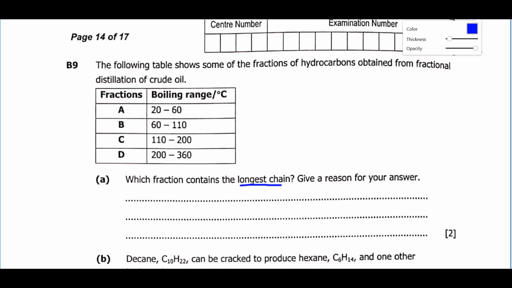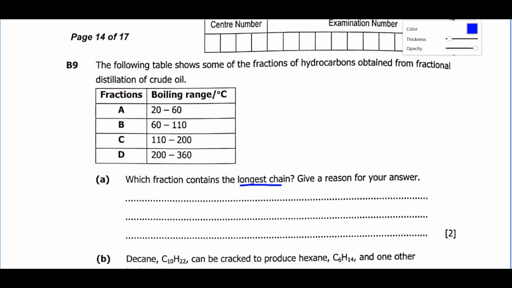So this question, the way it was phrased, it was about how you can determine how long a chain is depending on the boiling point. So the longest chain must have the highest boiling range per degree Celsius.